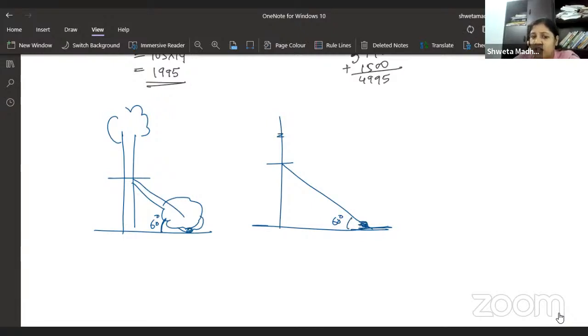So this height and this length are equal, because the same part is bent down here. However much this height is, this length will be the same. This is x, so this is x.